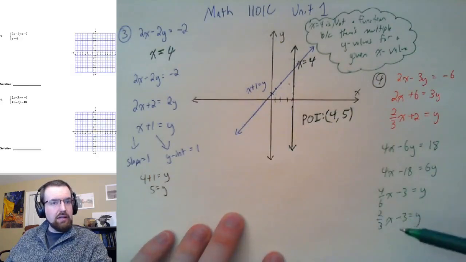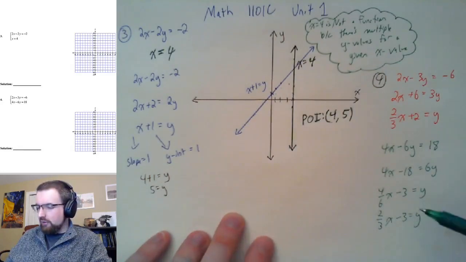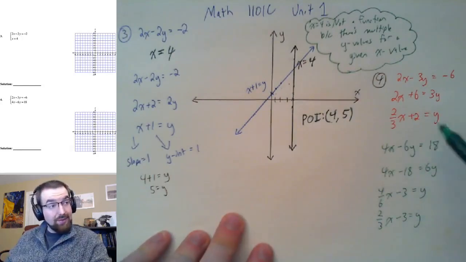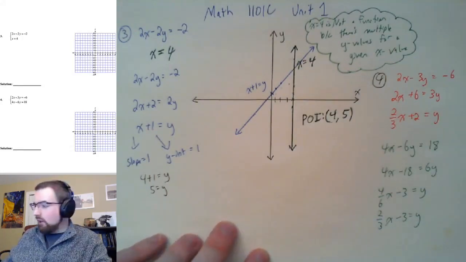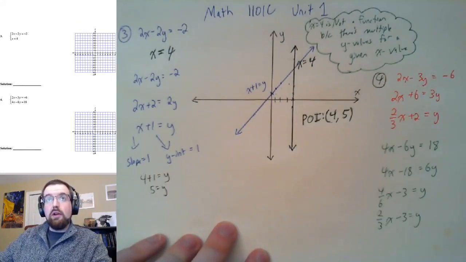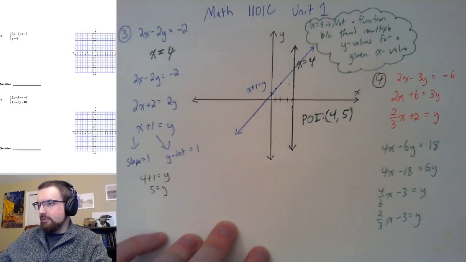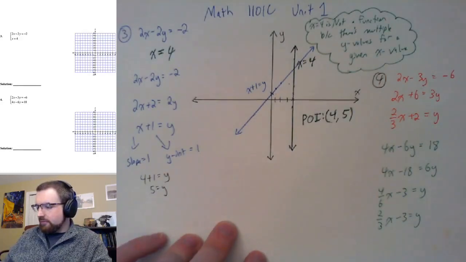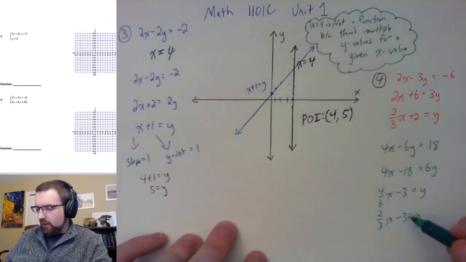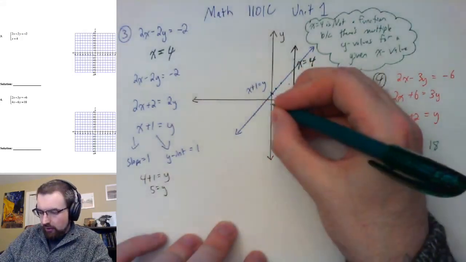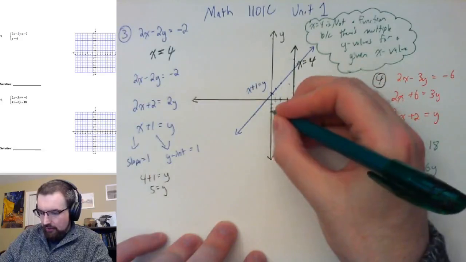So I'm not actually going to belabor the point on this one so much. But Betty Ann, you did also ask about how you go ahead and graph them. So I will remind you of how you graph these, once I check and see what this noise was. Okay, so for this one here, 2 over 3x minus 3, we're going to go 1, 2, 3 down, and this is where it starts.